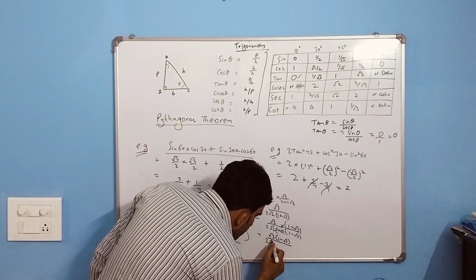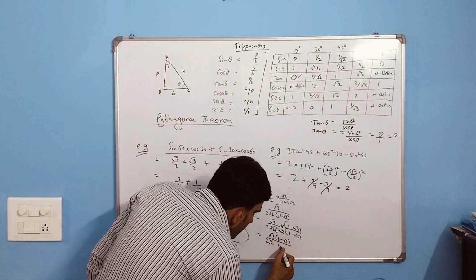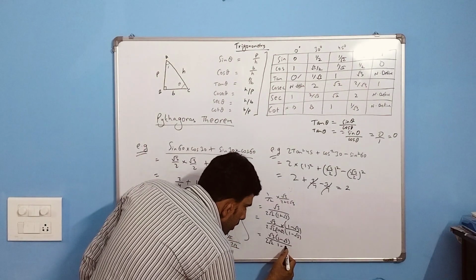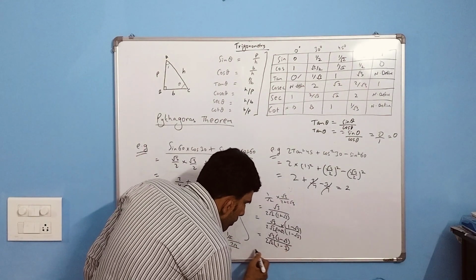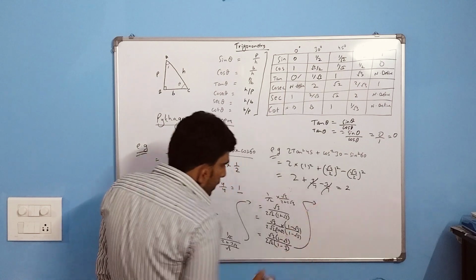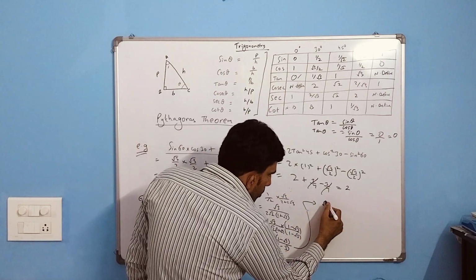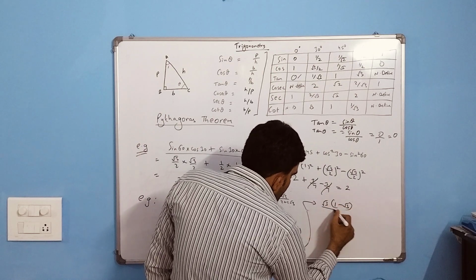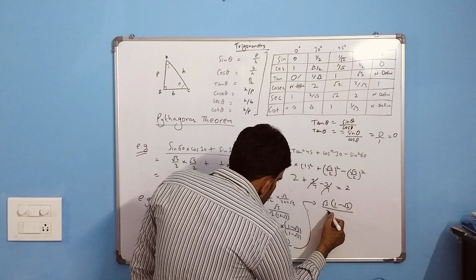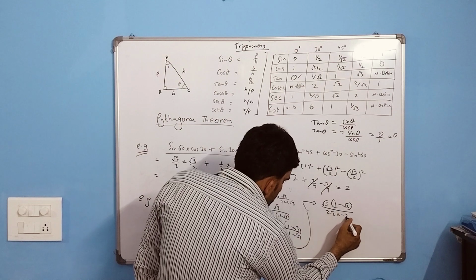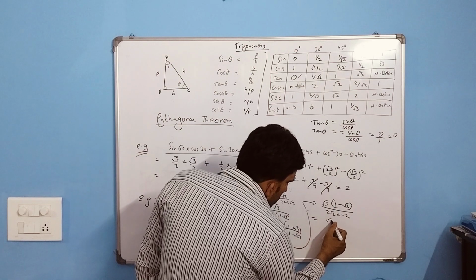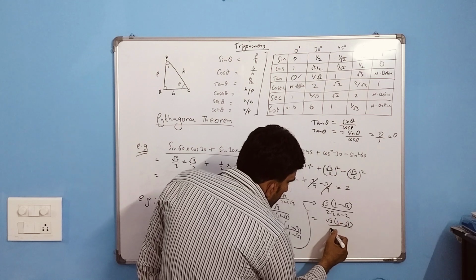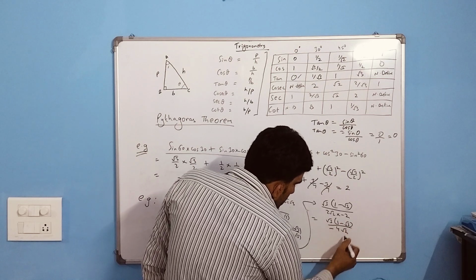So what will you get? A square minus b square, root 3 whole square, 3. So we will sort it out. We will get root 3 into 1 minus root 3 upon 2 root 2 into minus 2. So it will be root 3 into 1 minus root 3 upon minus 4 root 2.